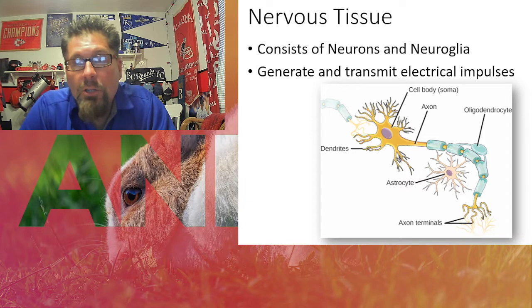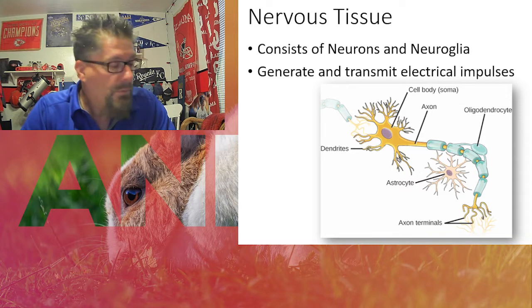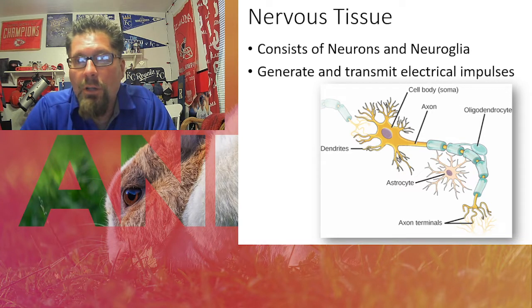Now, starting to look at the structure of a nervous tissue and a neuron. You can see the little drawing of a neuron, starting at the very top, those branches coming off the yellow, the purple circle in the middle. Those are the dendrites. Dendrites are super important.